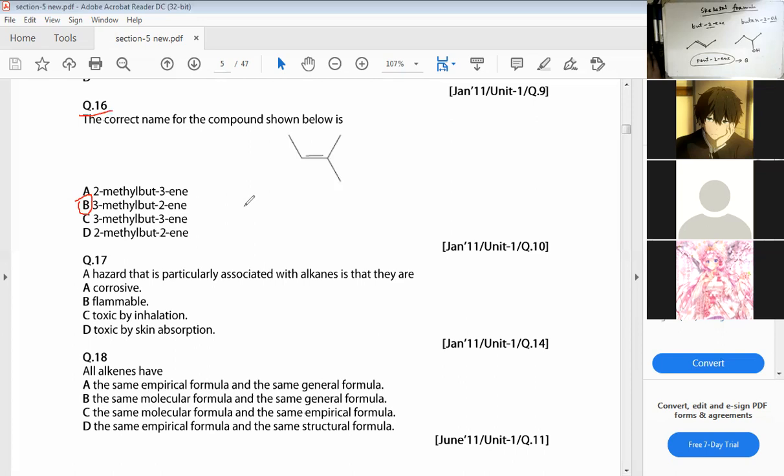So this should be 2-methylbutene, no? 2-methylbutene. Confused. Talal? Talal, can you hear me? Sir, 2-methylbutene, the last one.